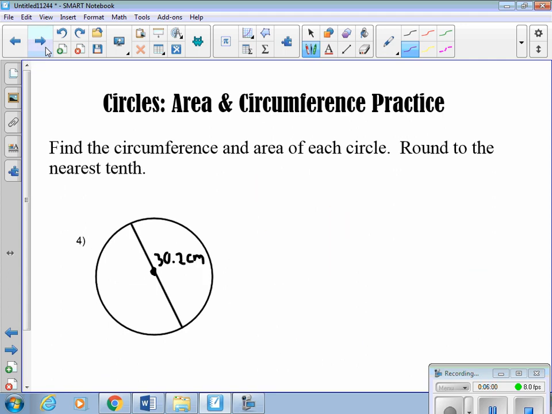Alright, let's skip number 3, and we're going to move on to number 4 so I can show you the difference when you've been given the diameter. So for circumference, if you've been given a diameter, you really just use a different formula, and it's a little bit quicker, and it's just pi d. So it would be 3.14 times the whole diameter, which is 30.2.